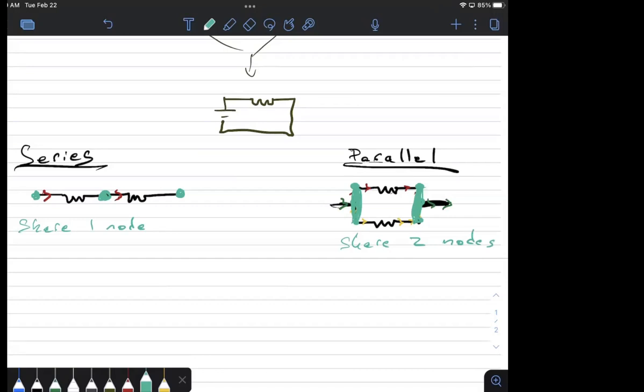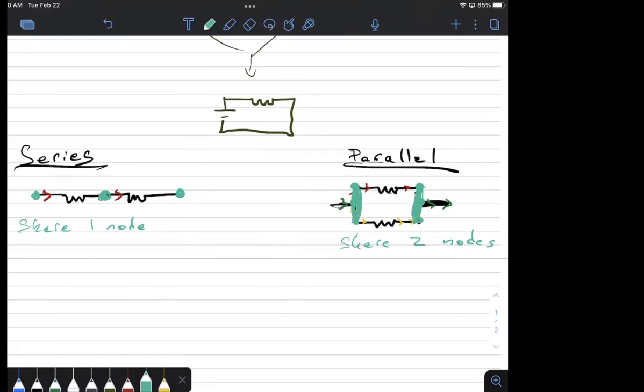That's the other way of trying to analyze if it's series or parallel. If they only share one node in common, they're in series. And if they share two nodes in common, they're in parallel. So those are your two methods. Sometimes you use one method, sometimes you use the other. It just depends on the circuit you're looking at and what makes sense to your mind as you think about these things.